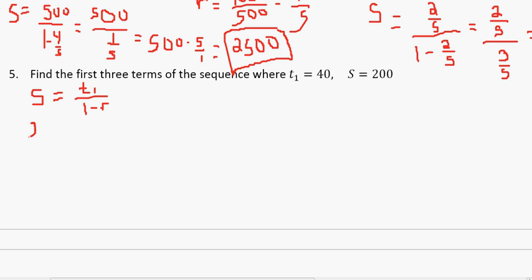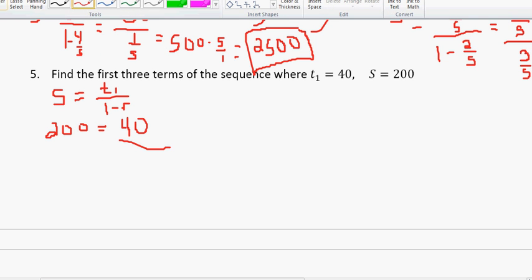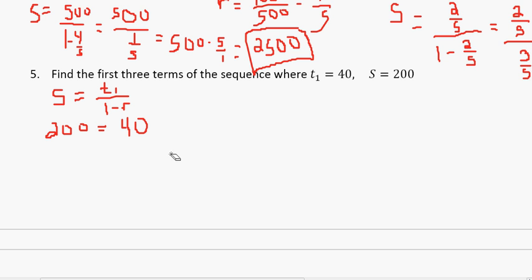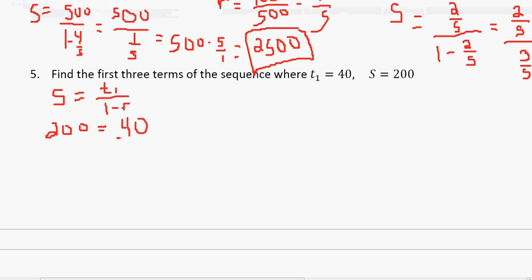Okay? We know S. This time they told us S was 200. We know t sub 1. It's 40. And our unknown is r.